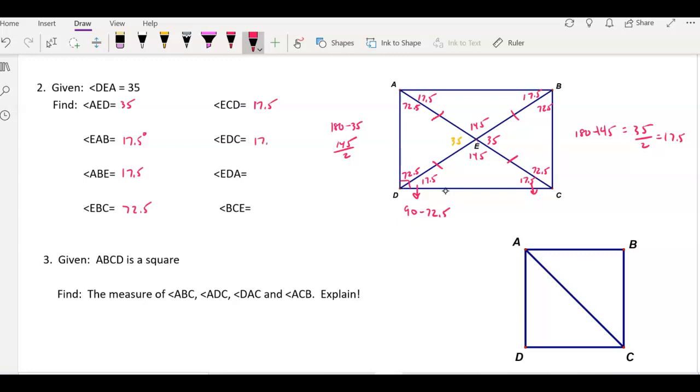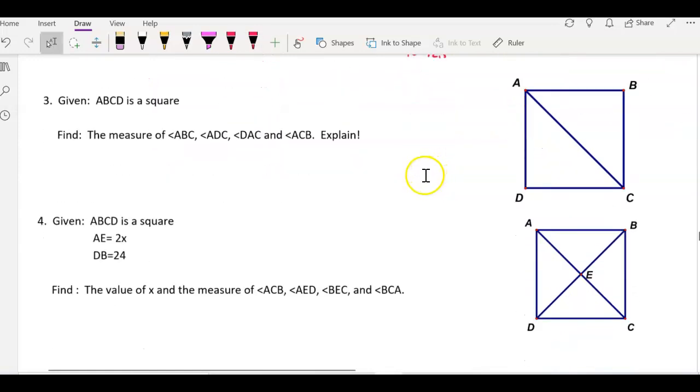EDC, 17.5 degrees. EDA is 72.5 degrees. And BCE, 72.5 degrees. Okay, so right away, using the isosceles triangles makes it easier to understand this one.